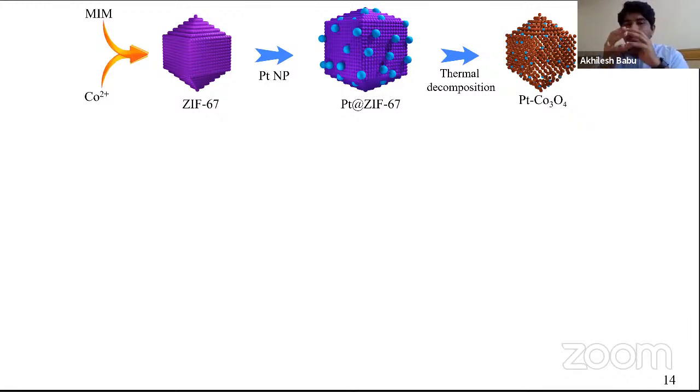Because of the organic linkers present on the ZIF67, the PVP coated platinum nanoparticles could covalently attach on the surface of the ZIF67. Then upon pyrolysis, using thermal decomposition, the organic linkers were removed and also the cobalt ions were oxidized, resulting in the formation of platinum conjugated cobalt oxide hollow cages. So we have done the synthesis here.